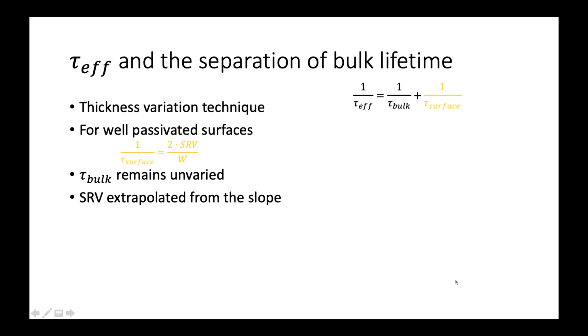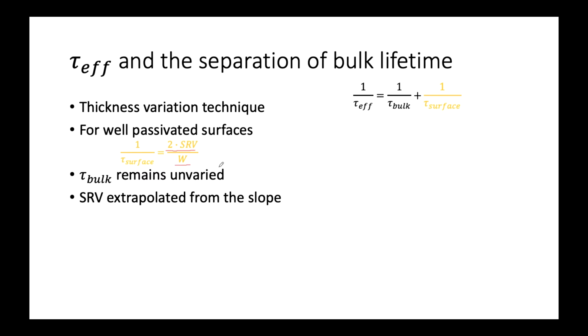So, to address the problem of the surface superposed to the bulk, we're going to explore the thickness variation technique. In order for this technique to be valid, we need a really high quality passivation, so we can approximate the contribution of the surface as 2 times the surface recombination velocity over the thickness of the sample.